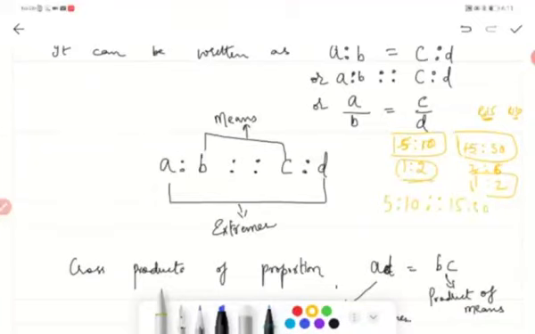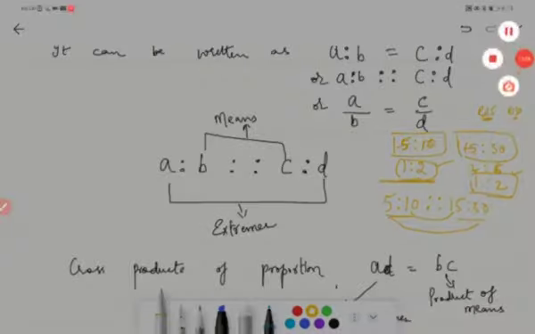Because when I reduce them to the lowest form, I'm getting 1:2 for both. So when they are in proportion, I can say that the product of the mean terms is equal to the product of the extreme terms. Do you want to check?